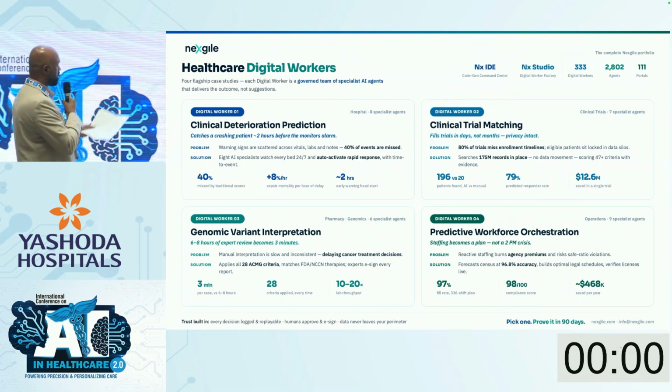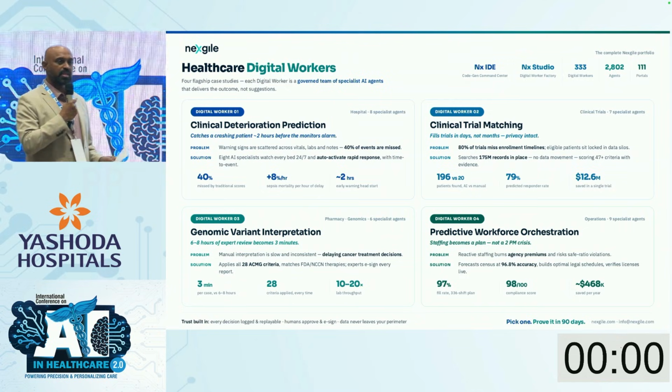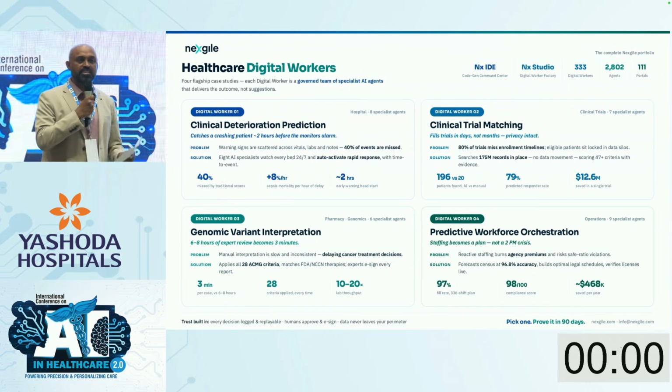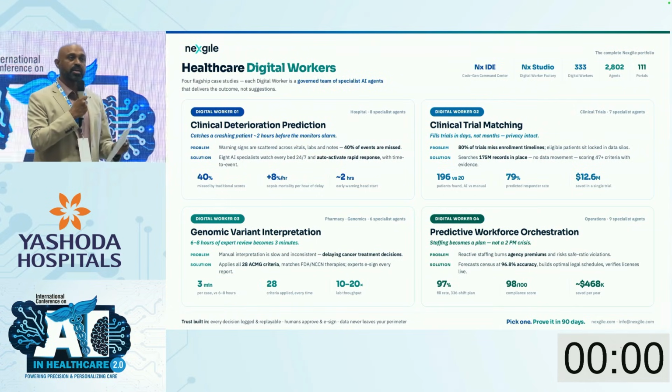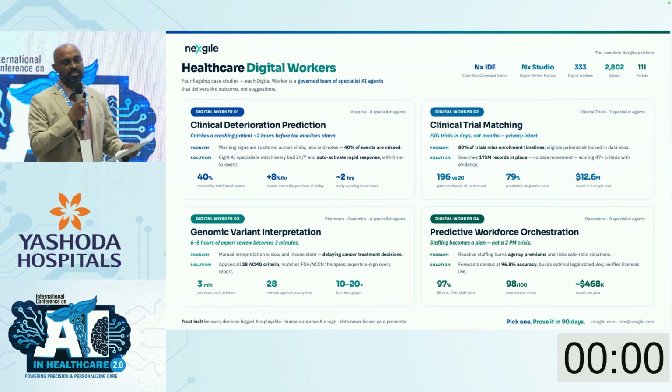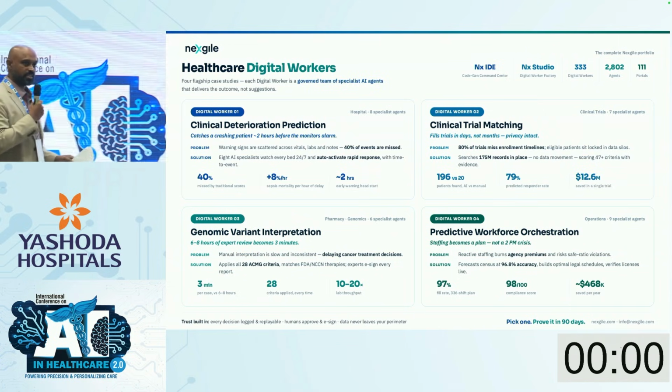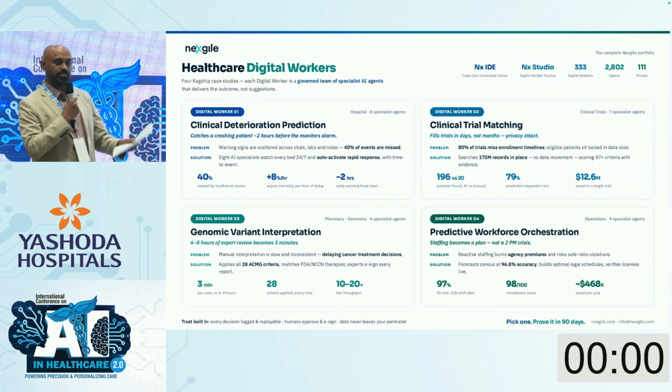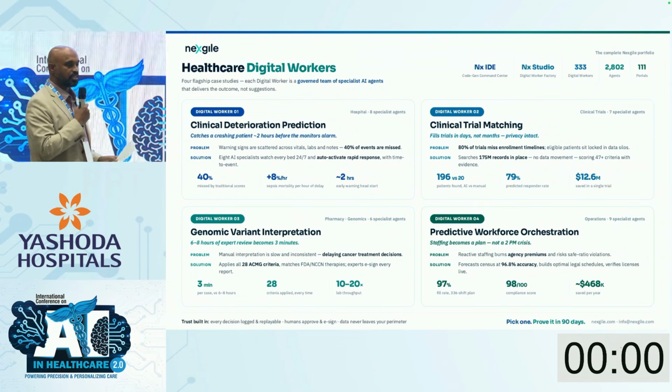However, we have a digital worker which can process this data in 3 minutes versus 6 to 8 hours of manual work in the US, or maybe the traditional tools available in the US. In India, of course, it can run in weeks. We have this digital worker which can run in 3 minutes versus days versus weeks in the system.